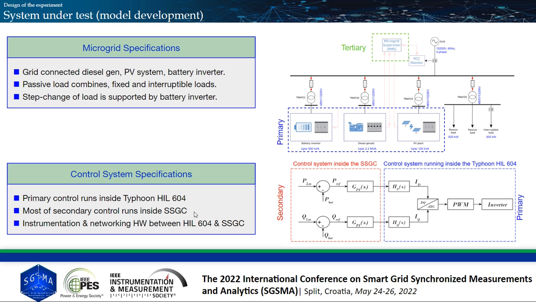Of course, the control system will feature a lot of instrumentation and networking hardware, which will connect the Typhoon HIL and the SSGC. For further clarification, the SSGC was implemented on a National Instruments CompactRIO hardware platform because it provides good options for configurability and programmability.